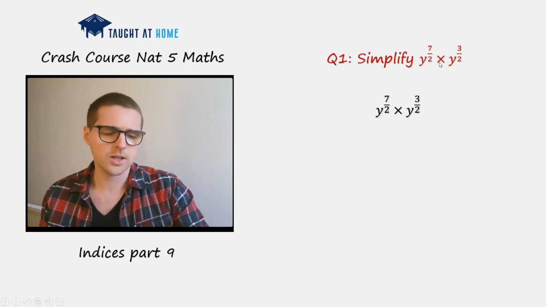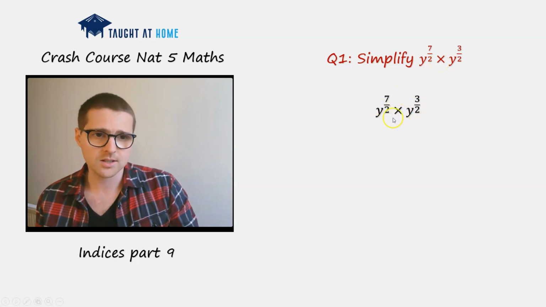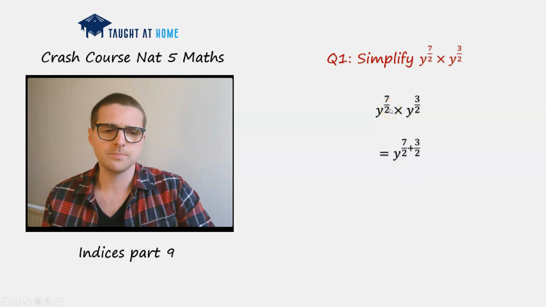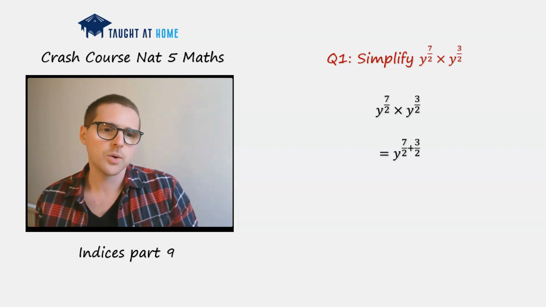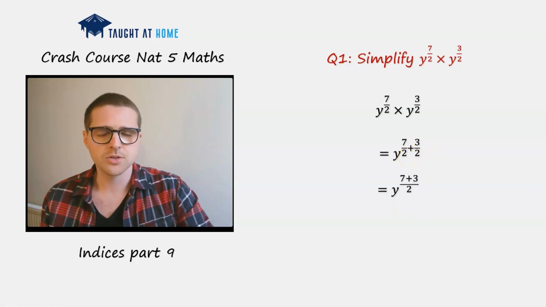So we're going to be adding up these fractional indices. So we have to add 7 over 2 plus 3 over 2. Now you've got to add the fractions. Luckily for us, it's quite straightforward because we've got the same denominator. So it's just going to be y to the power of 7 plus 3 over 2, which is y to the power of 10 over 2.